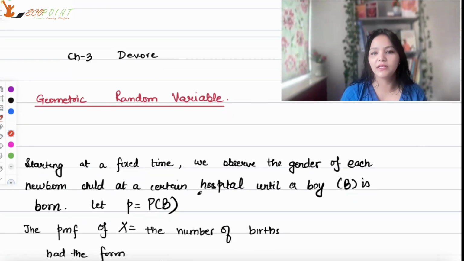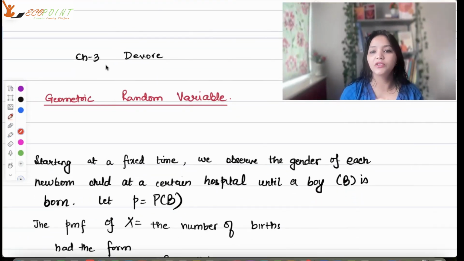Starting at a fixed time, we observe the gender of each newborn child at a certain hospital until a boy, capital B for boy, is born. And let lowercase p be the probability that a boy is born.